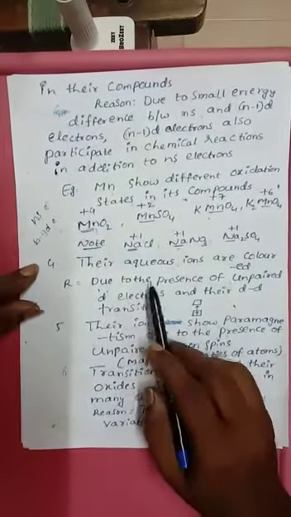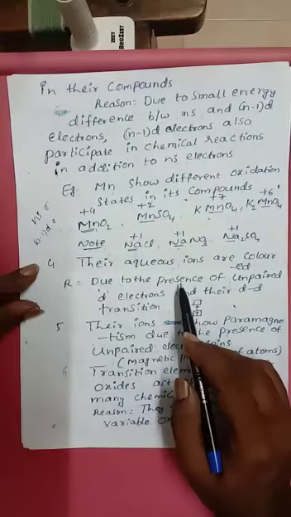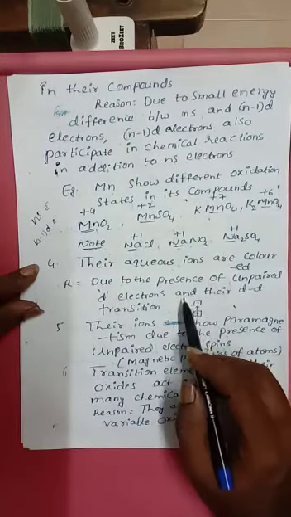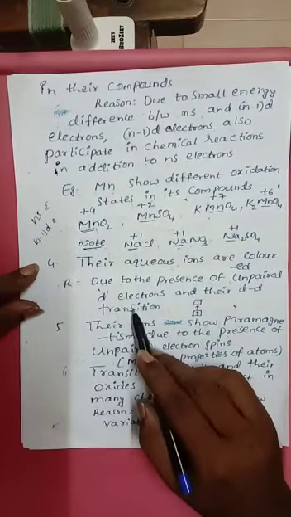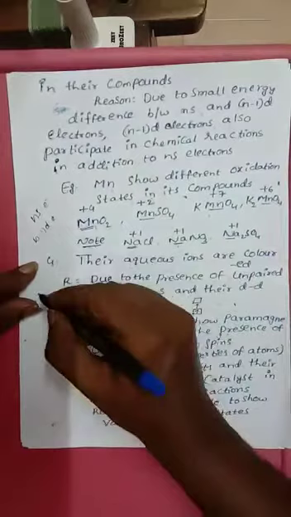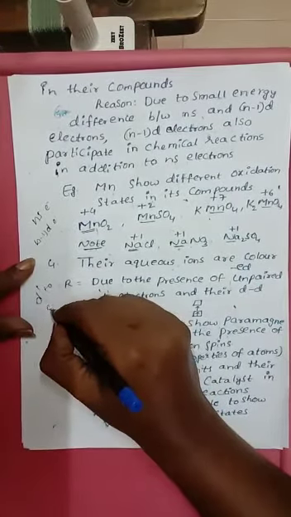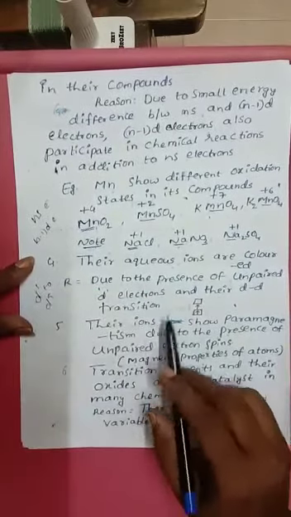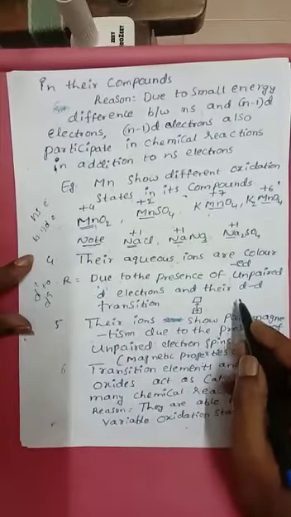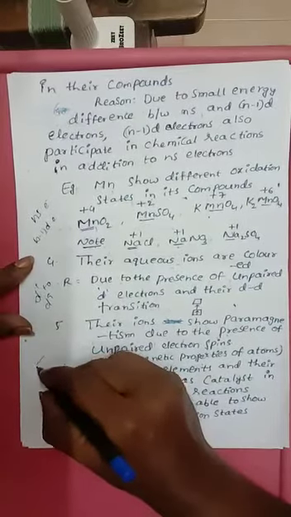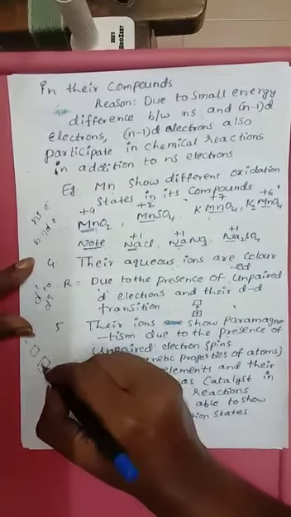Next property, their aqueous ions are colored. The transition metal ions are colored. Reason: transition metal ions have unpaired d electrons. Already I told, transition elements have configuration in between d1 to d9. Okay, unpaired electrons, and their transition from a low energy d orbital to a high energy d orbital.